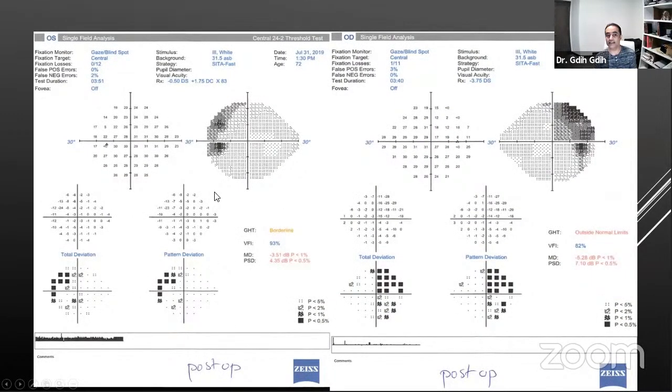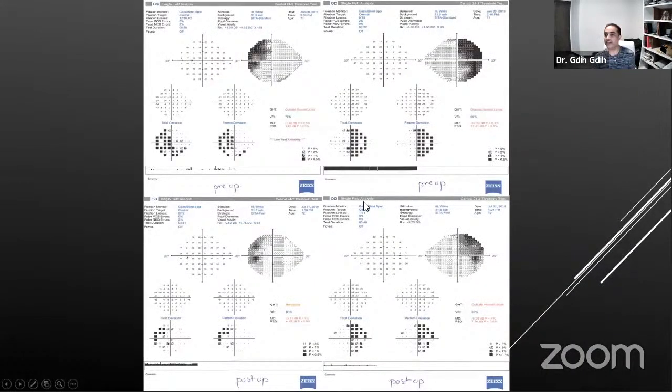Look at that. This was just a few weeks after the surgery. She hasn't even recovered fully yet. You may say there is still some visual field defect. Yes, I agree with you, but let's put them together and then you can look at that. See, this is the pre-op. Her right eye was worse.